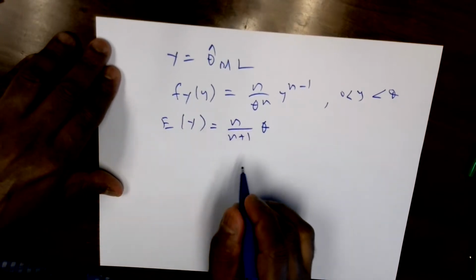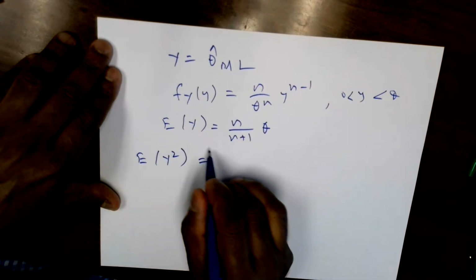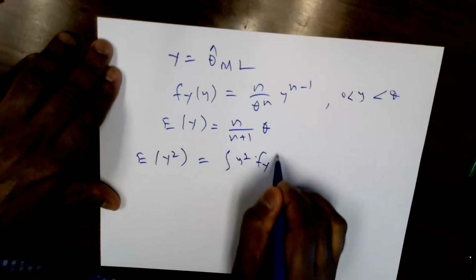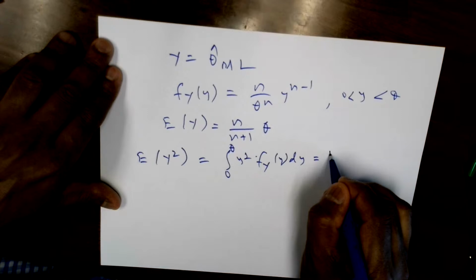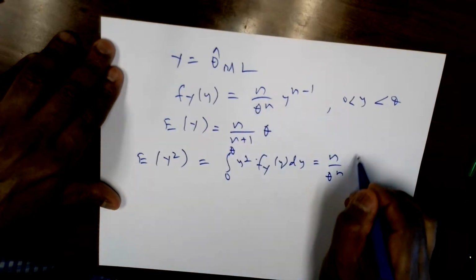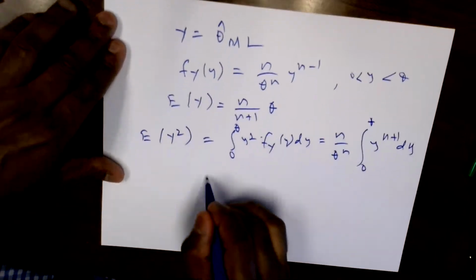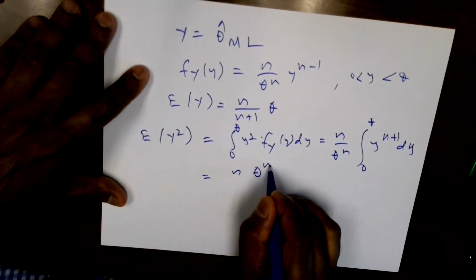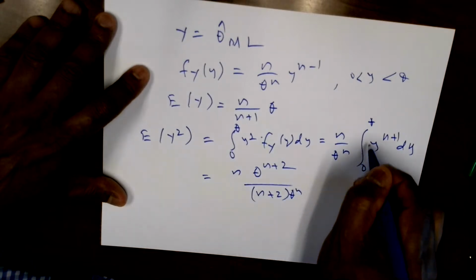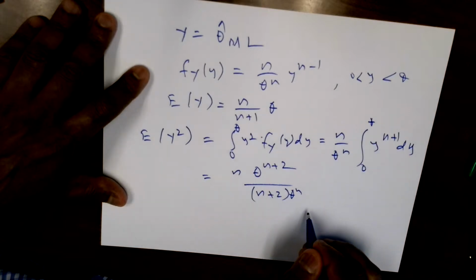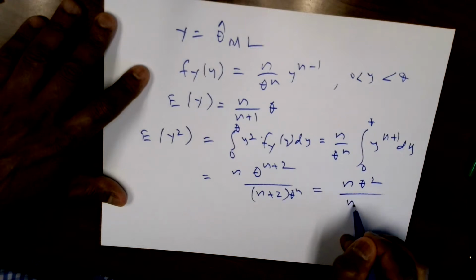Now we want the expected value of y squared. So that's the integral of y squared f_Y(y) dy from 0 to theta. So that's n over theta^n times y^(n+1) dy from 0 to theta, which is n theta^(n+2) over (n+2) theta^n. You take the antiderivative and substitute 0 and theta. So that comes out to be n theta squared over n plus 2.